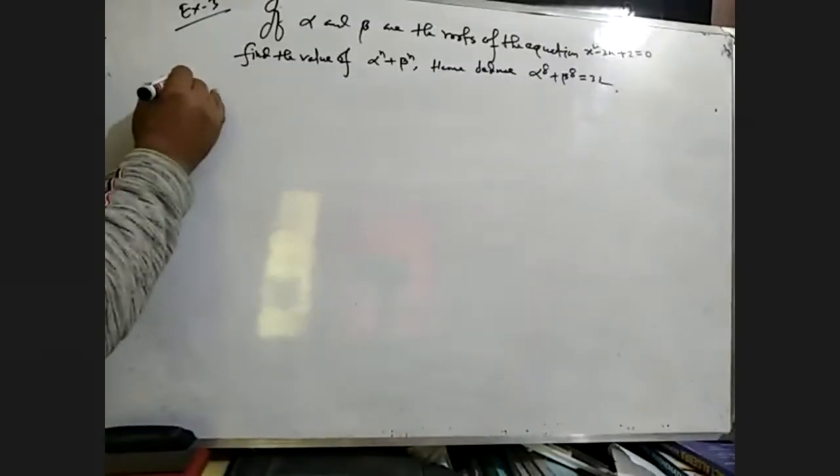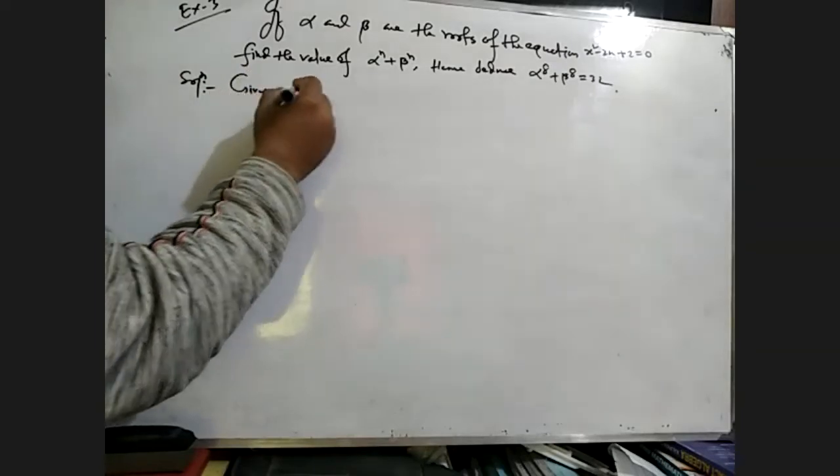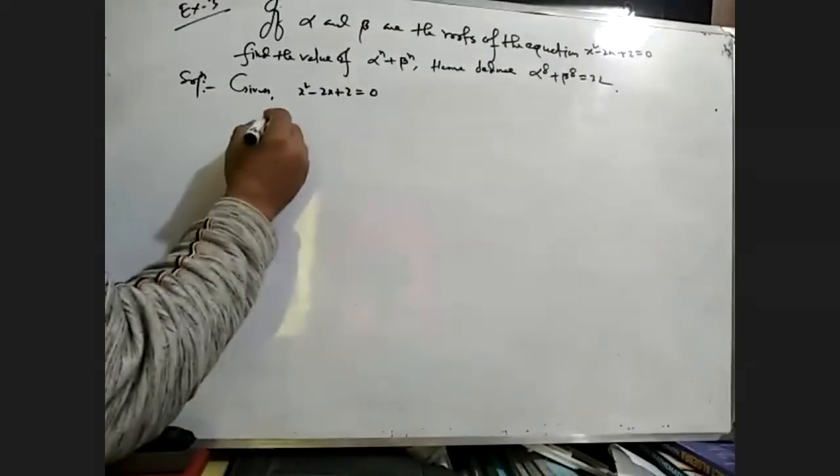The solution: the given equation x square minus twice x plus 2 equals to 0.